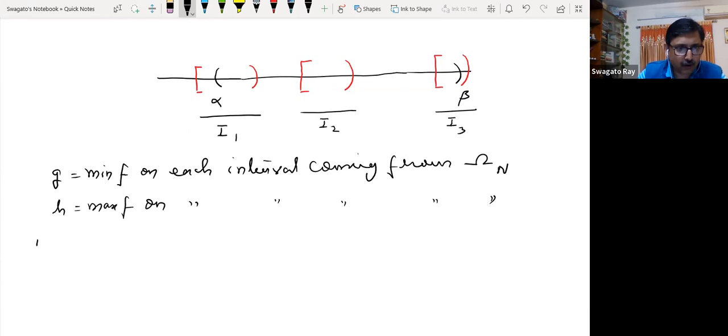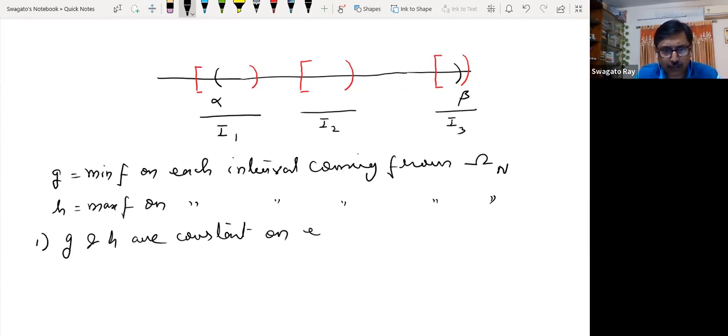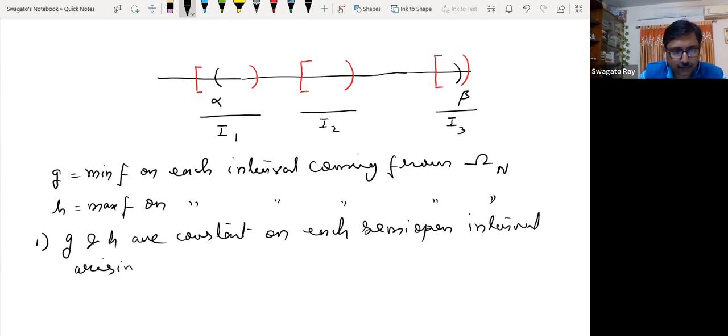So what we have then got is the following. I write them as 1, 2, 3. Number 1, G and H are constant on each semi-open interval arising in omega n, omega capital N, that is what I'm working with.